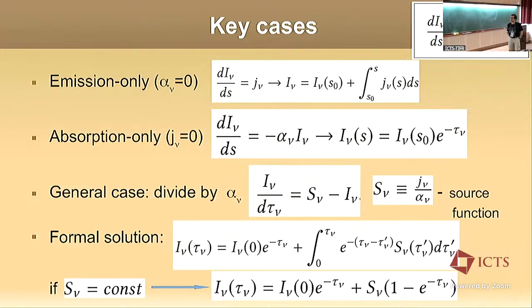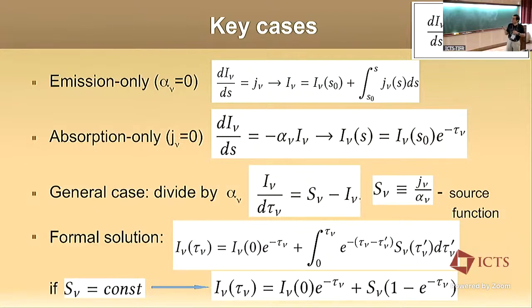In this case it's very easy because you just integrate the emissivity along the path, and that's your final intensity. You have the intensity that you start with when you enter the cloud, and as you go through the cloud, because the cloud is only emitting and not absorbing, you get more and more intensity because you are adding additional photons. You just need to know how fast you are adding the photons.